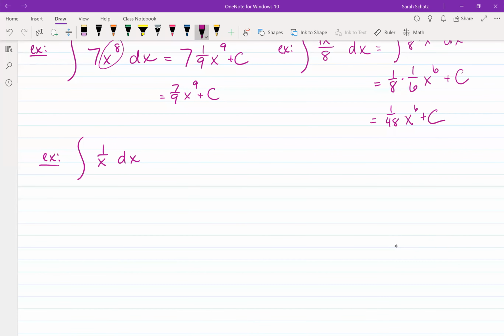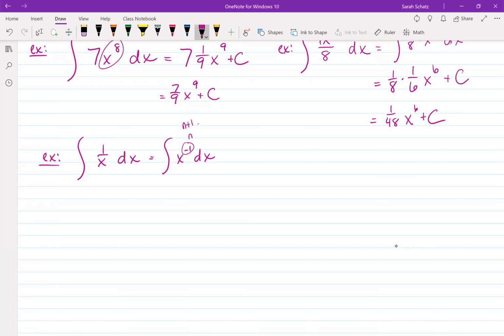Well, normally what I would do here is rewrite this with a negative power so I can use the power rule, right? So let's do that. You could rewrite that as x to the -1 power. Now, if I'm going to use the power rule on this, then my n is -1.